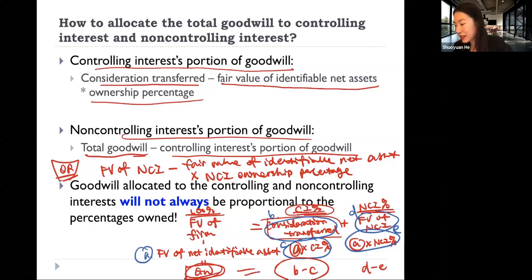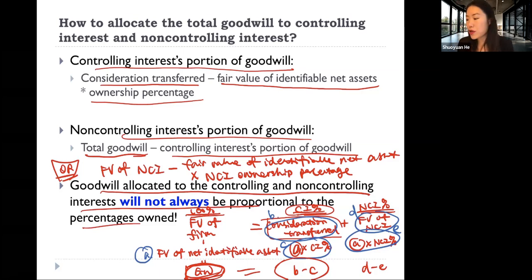Why? Because in some situations, the firm is paying a control premium. Because of the existence of that control premium, the goodwill allocated to controlling and non-controlling interest will not always be proportional to the percentage owned.